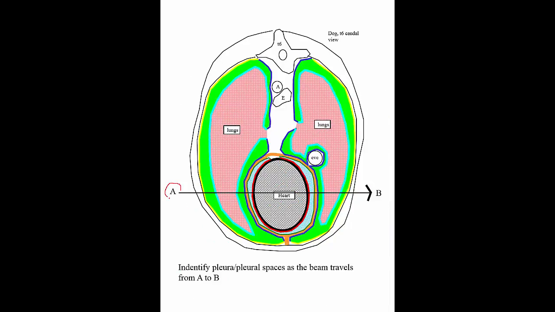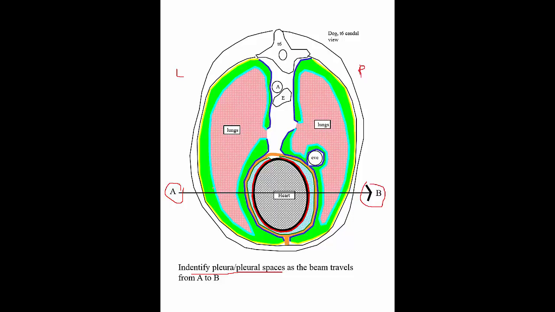So if you were to consider the pleura and pleural spaces, imagine an X-ray beam in this caudal view, so this is animal left and this is animal right. As this X-ray beam went from A to B, from animal left to animal right, if you were asked to identify the pleura and pleural spaces the beam would travel through, what would you say?